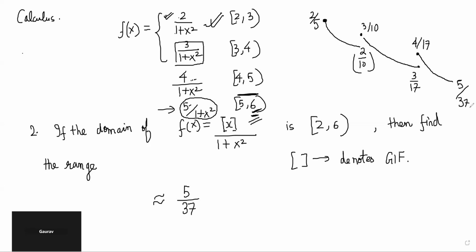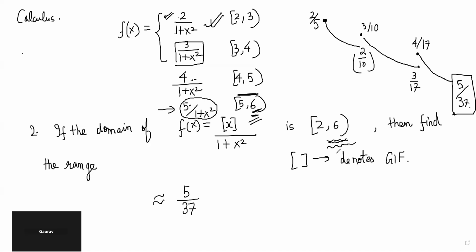Do you understand what I'm saying? Yes, sir. Why are you saying 6 by 37? Sir, I put the value, so I'm getting 6 by 37. Sir, why can't we put that? You don't know the meaning of this bracket? No, sir. Then in the range we can also open. No, what is the meaning of the open bracket here?